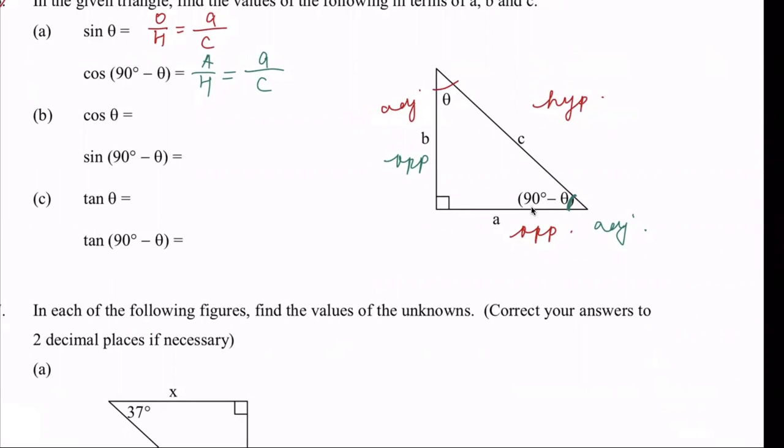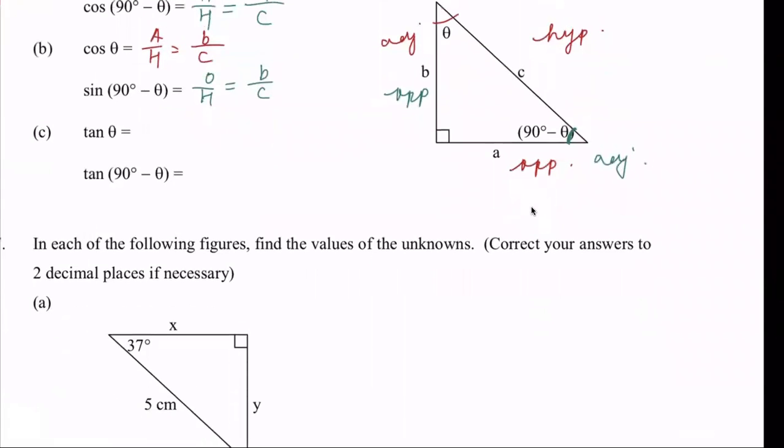So cos theta is equal to A over H, in red, so this is B over C. Sine of 90 degrees minus theta, back to green color, is O over H. O is equal to B, and H is equal to C, so B over C. Tangent theta is equal to O over A in red color, so this is A over B.